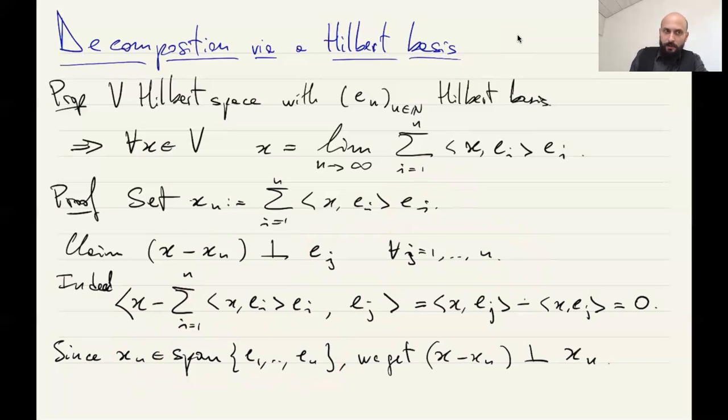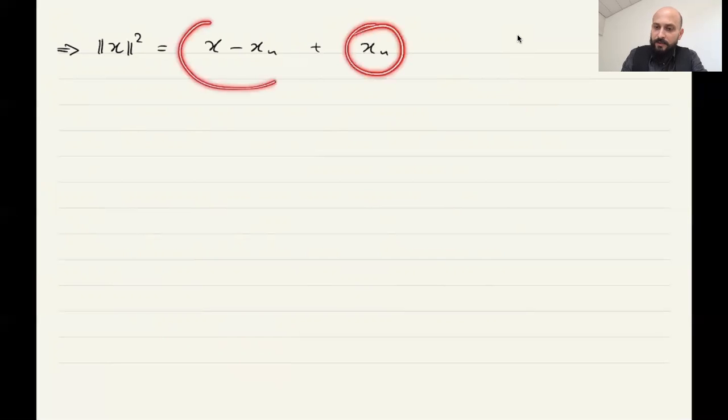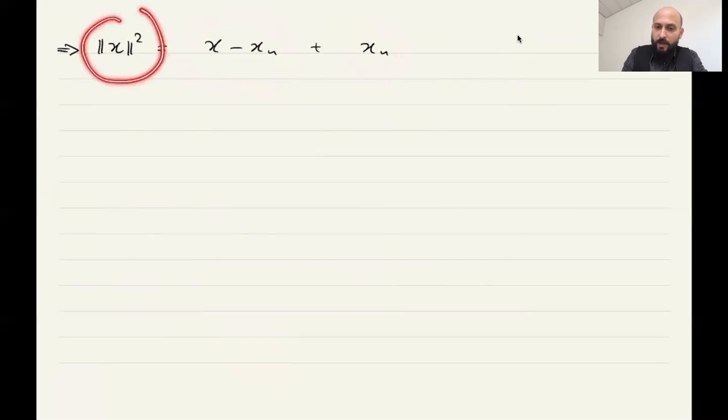Okay, let's continue. Then we get that the norm square of x, so x can be written as x minus x_n plus x_n. And now these vectors are orthogonal, and therefore the square norm by Pythagoras is the sum of the square norms.